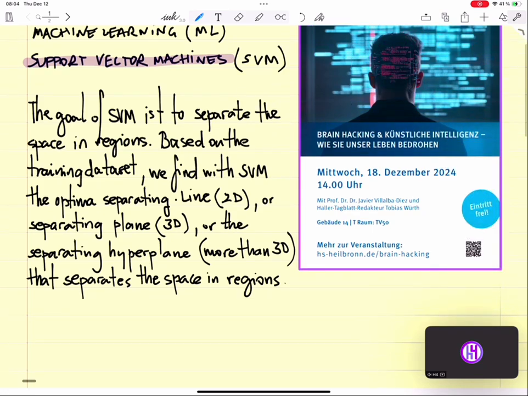As such, this algorithm is therefore a clustering algorithm, okay? SVM is therefore a clustering algorithm.